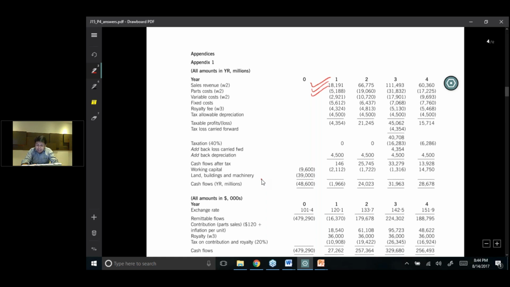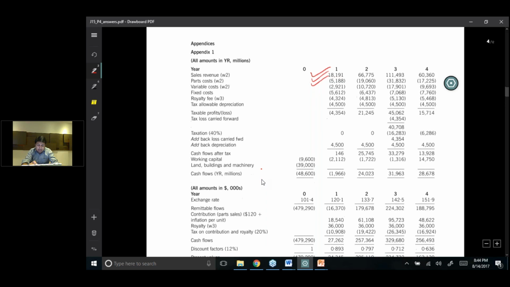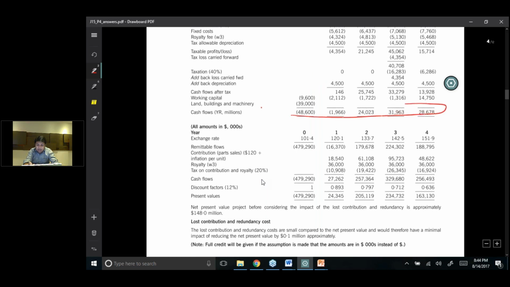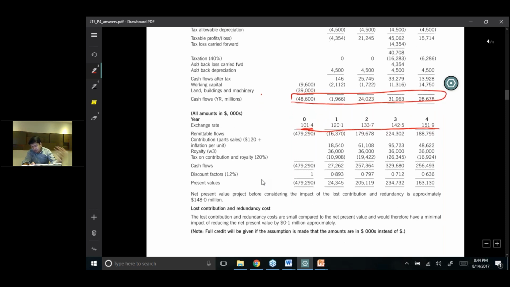The current pending amount is 39 million. Then all amounts are in YR. Then using the exchange rates that were given, convert these YR amounts into dollar amounts, that is 479.16, 179. Now these amounts are all in 000 format.